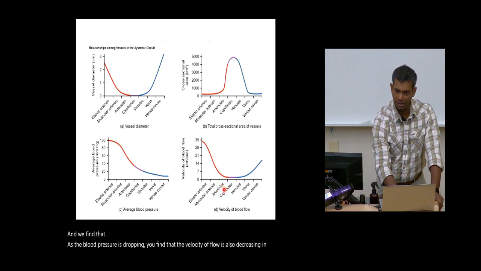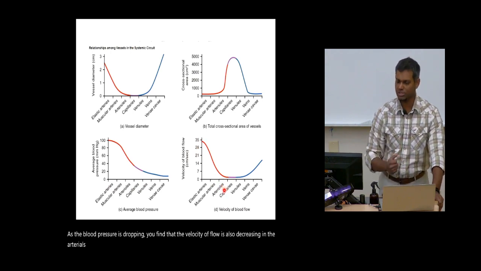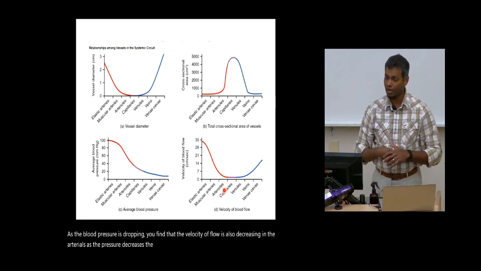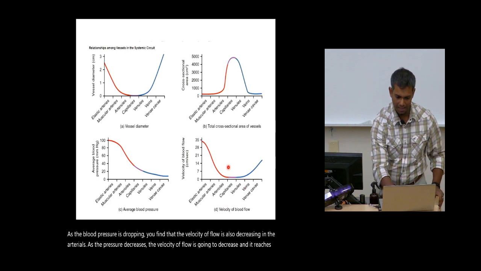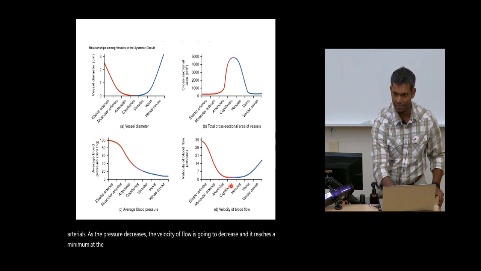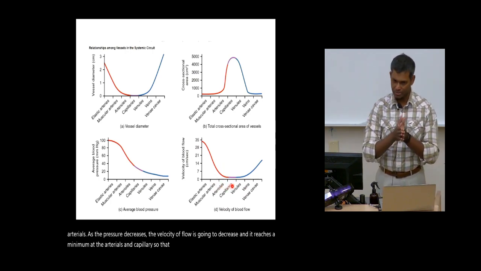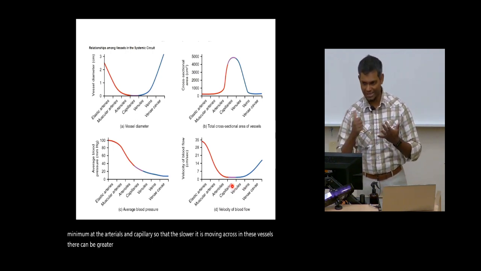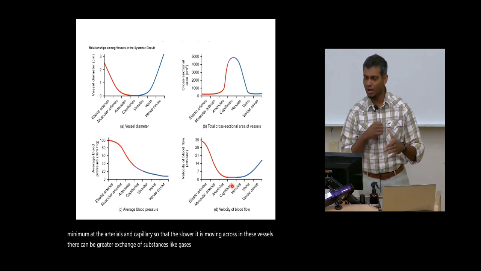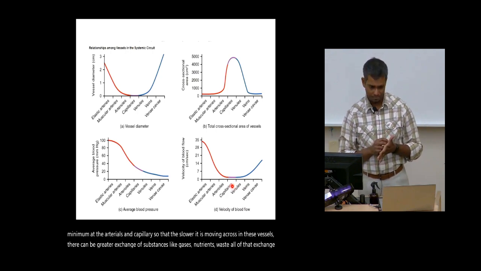As the pressure decreases, the velocity of flow is going to decrease, and it reaches a minimum at the arterioles and capillaries, so that the slower it is moving across in these vessels, there can be greater exchange of substances like gases, nutrients, wastes. All of that exchange can take place.